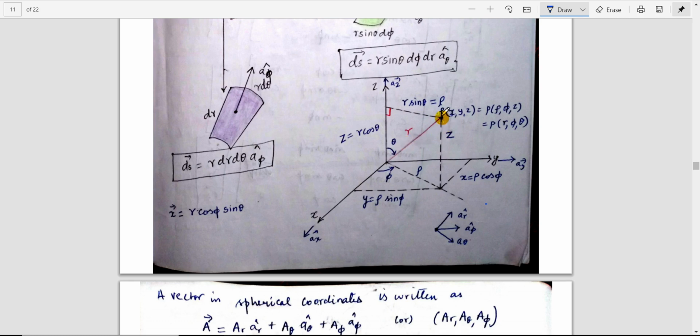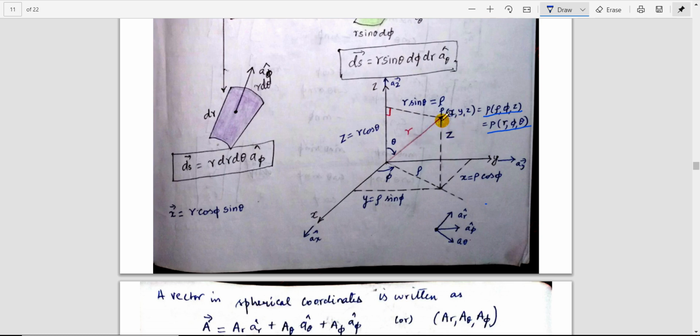So if we define this point P as x comma y comma z, then we can represent it for the cylindrical coordinate system as rho, phi and z, and for the spherical coordinate system as r, theta and phi. So we can make the projections on each and every axis. Here from the point P to the origin, we are going to draw a particular vector called r. This vector is represented as the red line here.